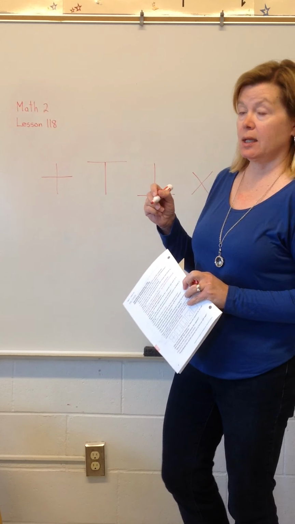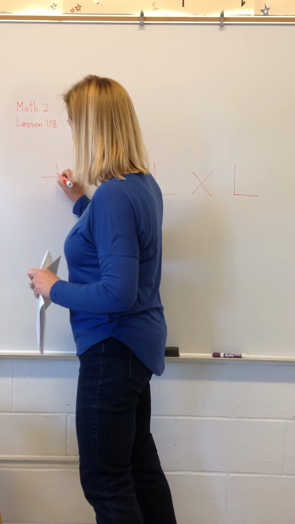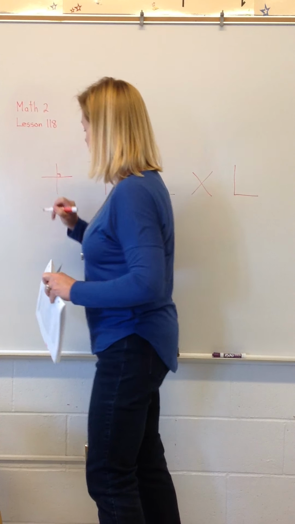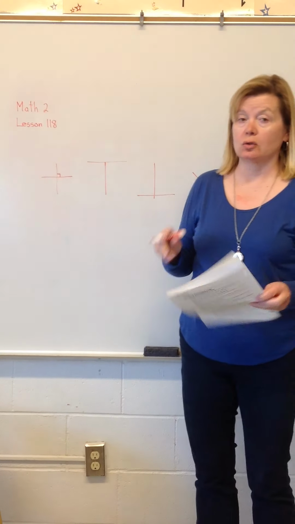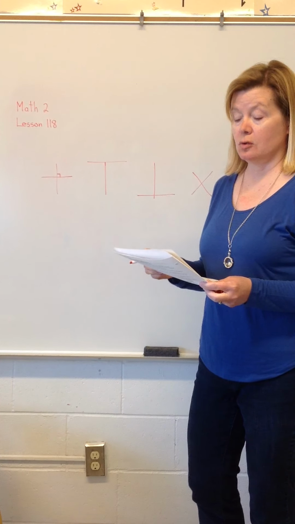Do you remember how we did that last week? Remember what mathematicians do? They put a small square into one of those angles to show that it's a right angle. You do that.